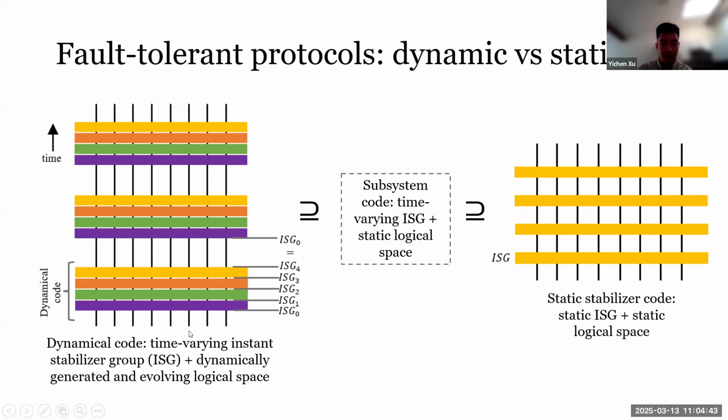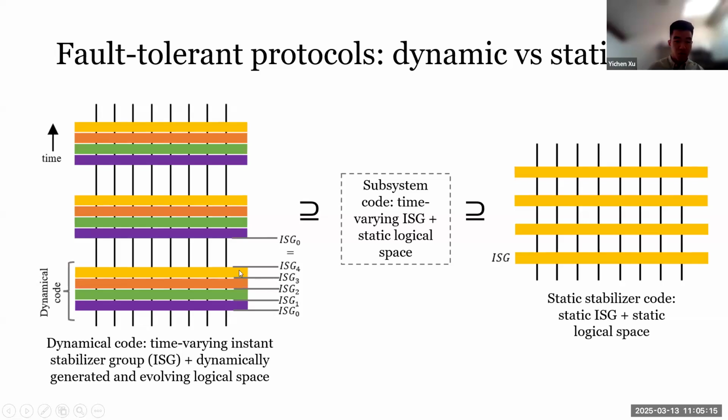Instead of having one static stabilizer group, the stabilizer group of a dynamical code actually evolves over time. Here I'm showing that the stabilizer groups can evolve from ISG0 to ISG1 to ISG2, etc. And it's often periodic. After several rounds of this evolution, you will get back to the initial stabilizer code you started with.